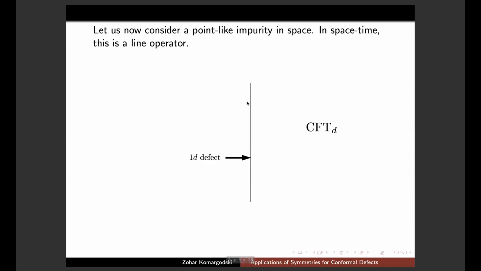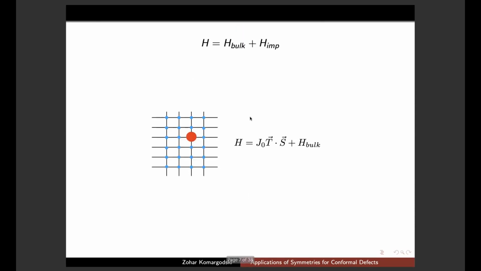Let me also mention that in the condensed matter interpretation, if you orient the defect in the time direction, then it's localized in space. And condensed matter people call it an impurity. Because it's just a point-like defect, it changes the Hamiltonian in a way that is localized to one point in space. You can think about it as just a modification of the theory by some new term in the Hamiltonian, like in this example.